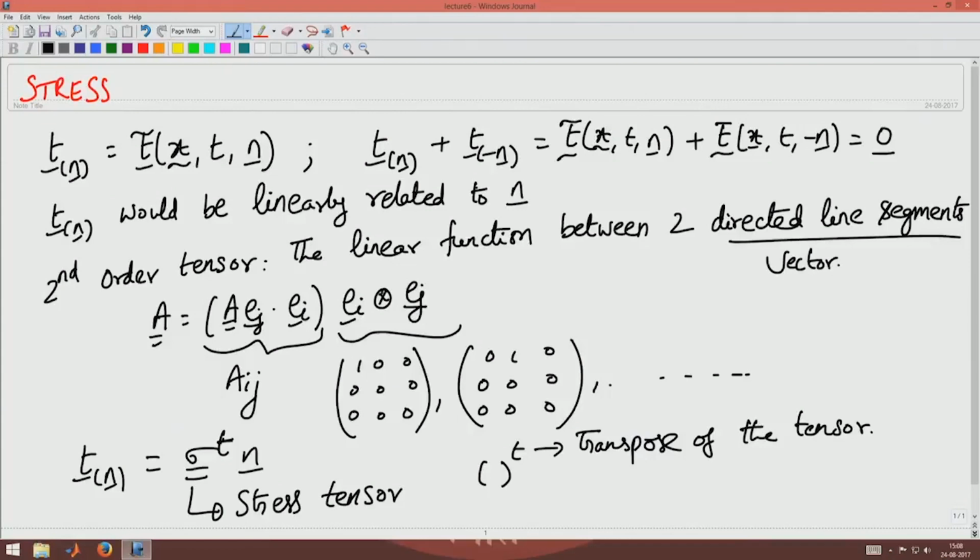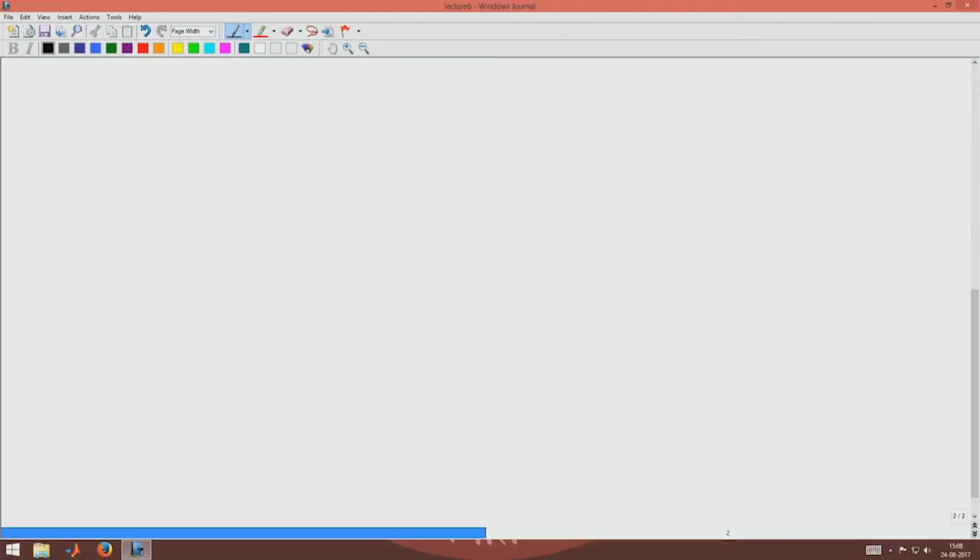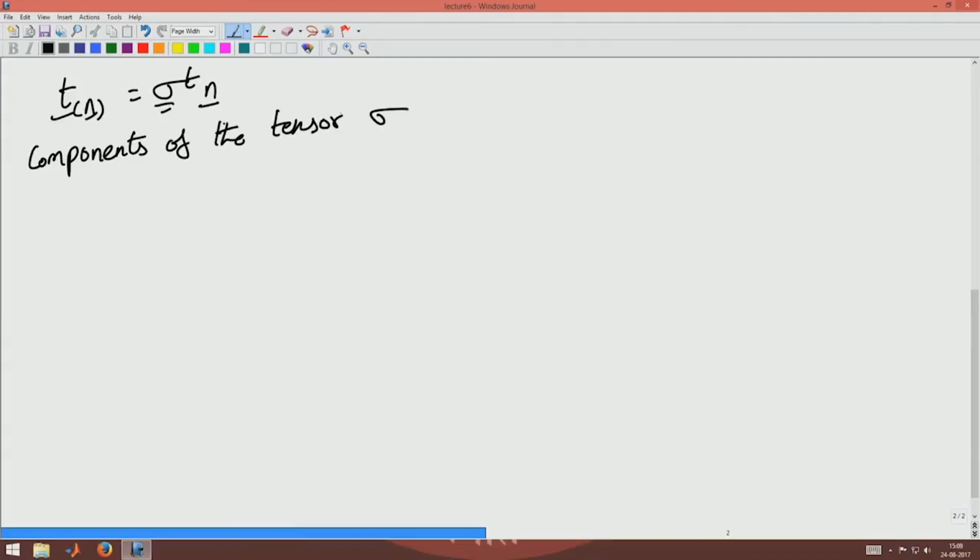We said that x being mapped by y is an example of a linear mapping of directed line segments y to directed line segments x. Now, let us look at the traction. We wrote traction as sigma transpose n. Now, I am interested in finding the components of the tensor sigma.